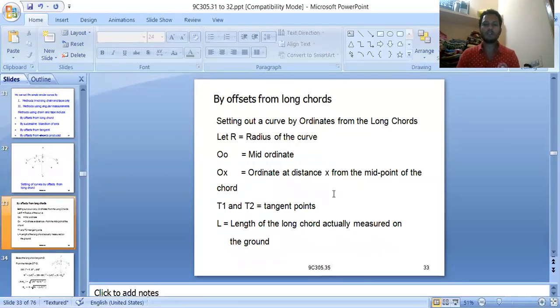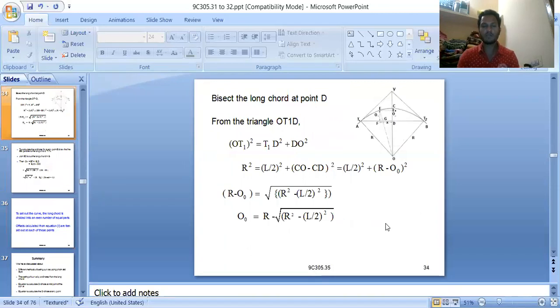Setting out a curve by ordinates from long chords. Let R be the radius of the curve. O0 is the mid-ordinate. OX is the ordinate at a distance x from midpoint of the curve. T1 and T2 are tangent points. L is the long chord actually measured on the ground. From the right angle triangle OT1D, OT1 square is equal to T1D whole square plus OD square. OT1 is nothing but radius of the curve.